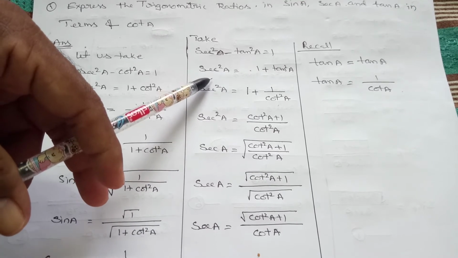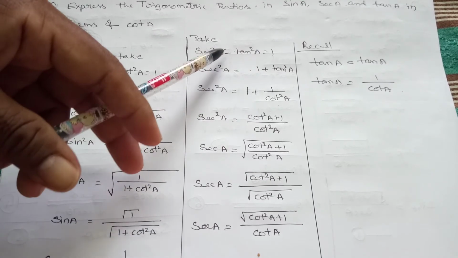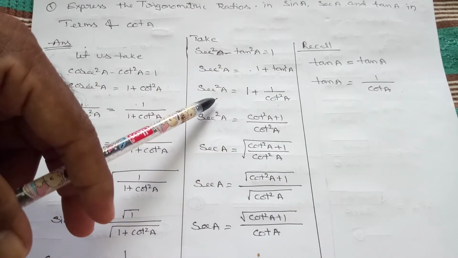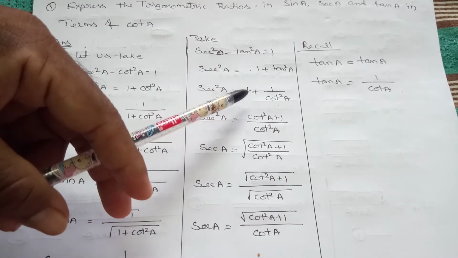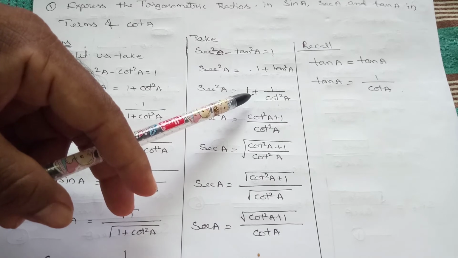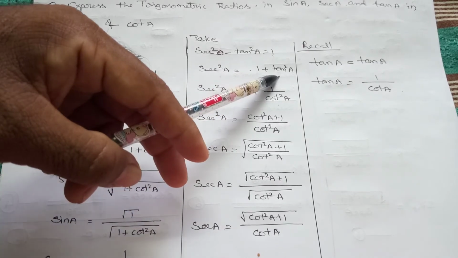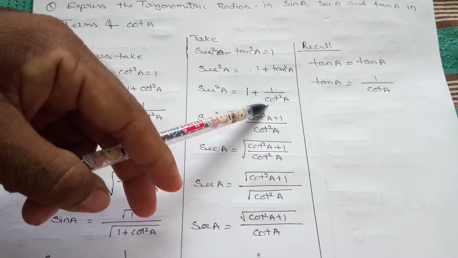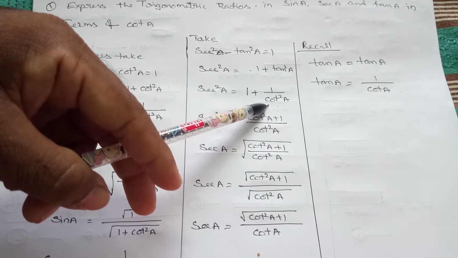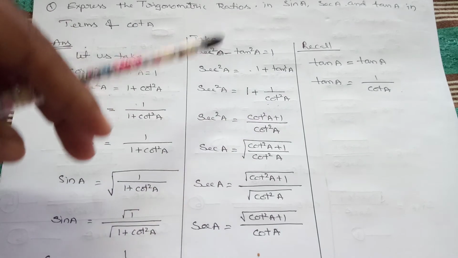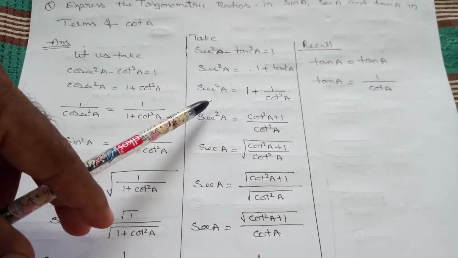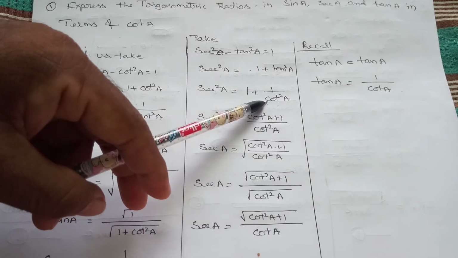So take secant square theta to this side and take tan square theta to the other side: secant square A is equal to 1 plus tan square theta. Tan can be converted into 1 by cot square theta, the reciprocal. Therefore, convert into cot. So here itself we can get secant theta in cot theta.